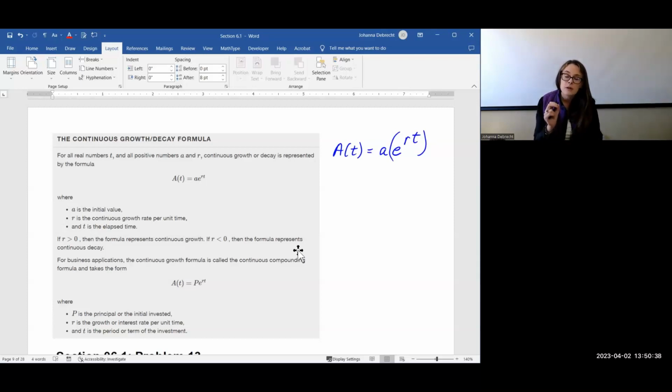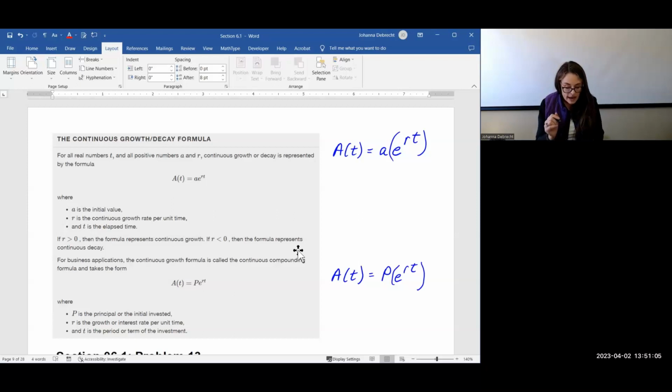If we're talking about continuous compounding with money, then the initial value is written as P for principal, the original value, the present value. So we get P e to the rt, which looks like the word PERT. And again, I like to put parentheses around the e to the rt to remind you that you have to do that first before you can multiply by the initial value.